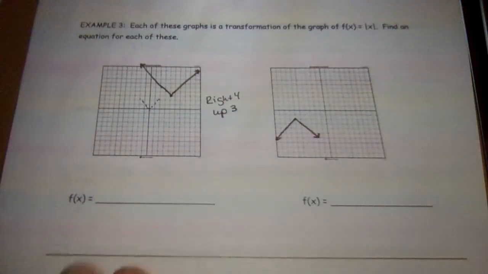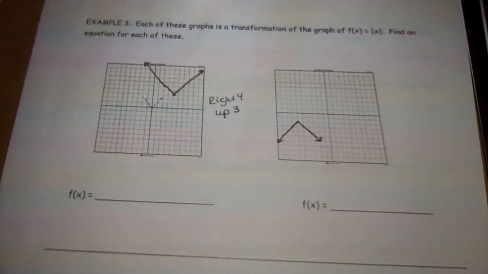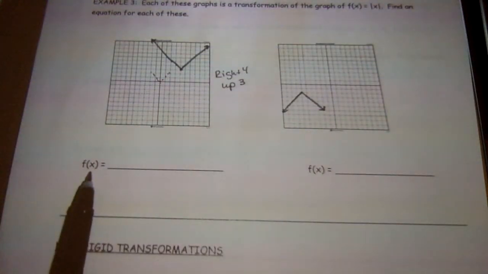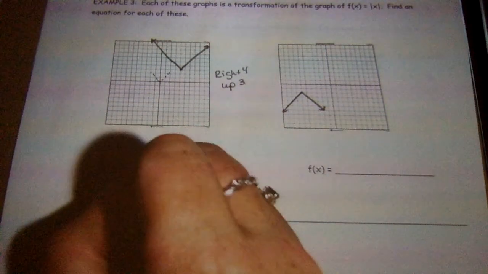Right 4, up 3. When we write equations of lines, make sure you write f of x equals or y equals, because if you don't, you'll lose points. I put the f of x equals right here on the line for you. It's the absolute value.